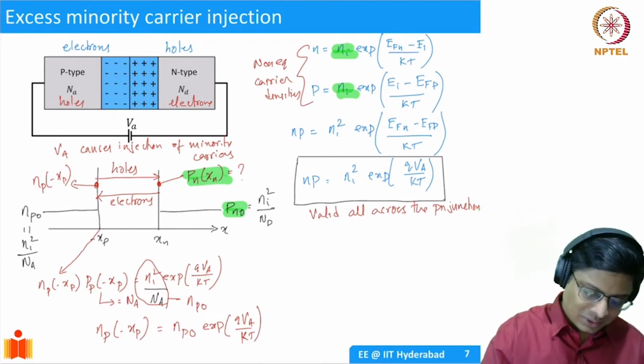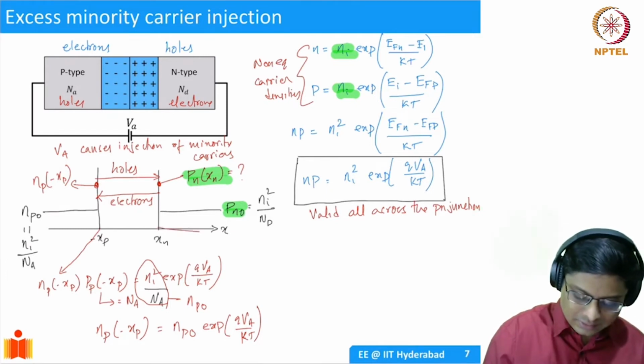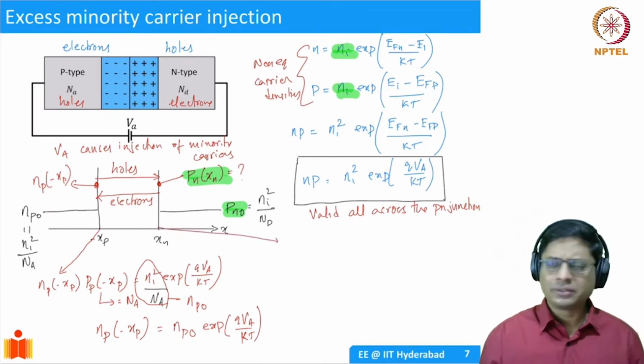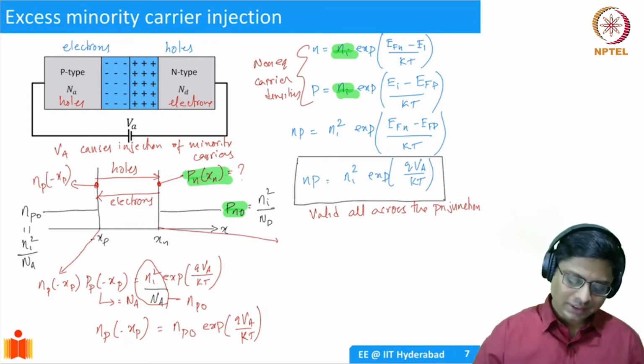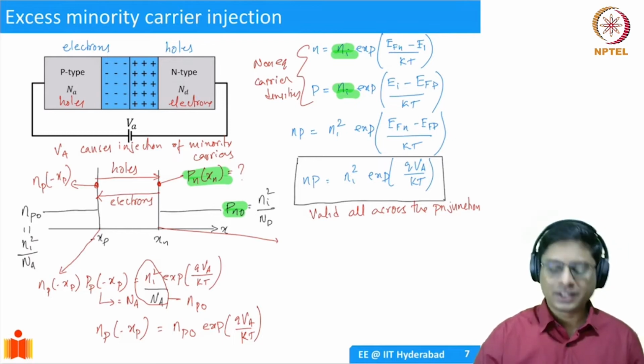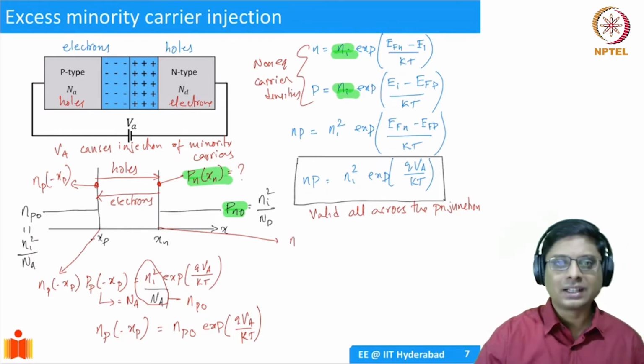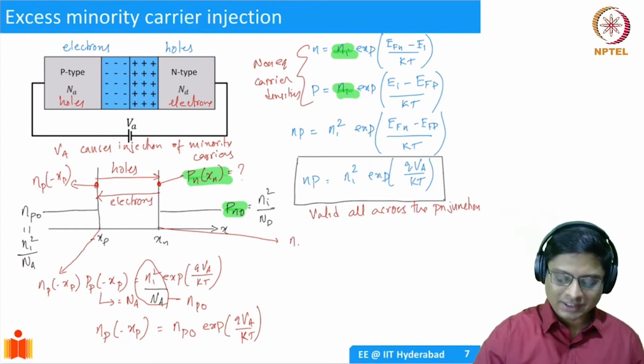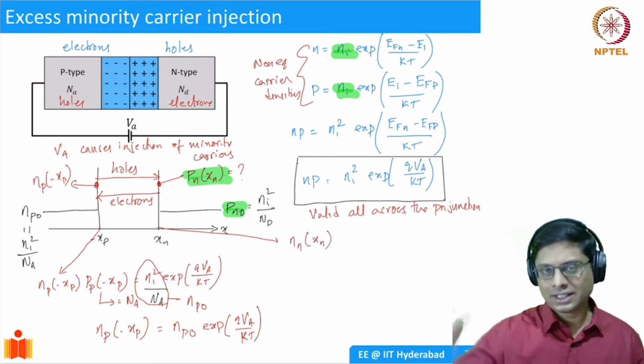Similarly, I can do the same analysis at xn. We are simply writing the np product. It's nothing complicated. Here it's an N-type semiconductor, so I'll write electrons in the N-type semiconductor at my point xn. xn is the edge of the depletion region.